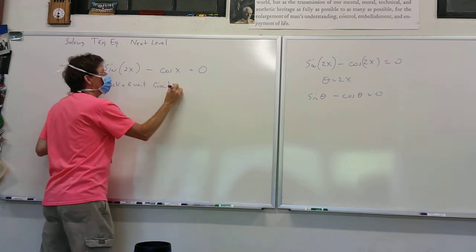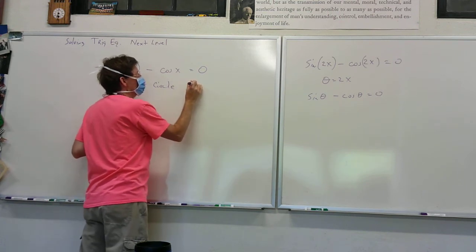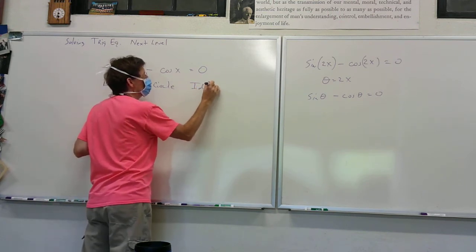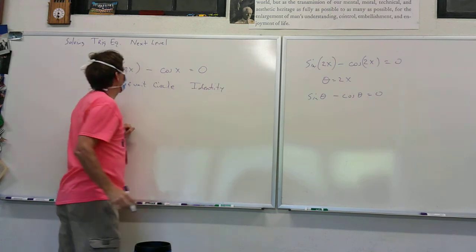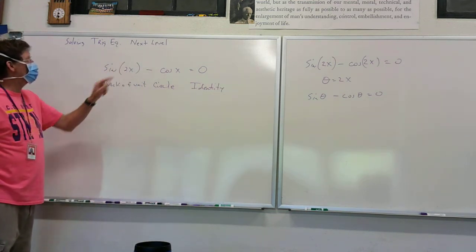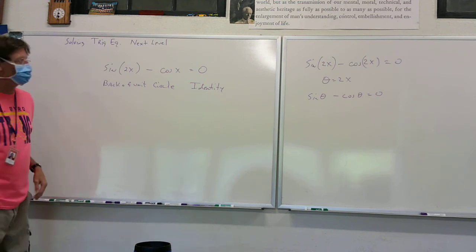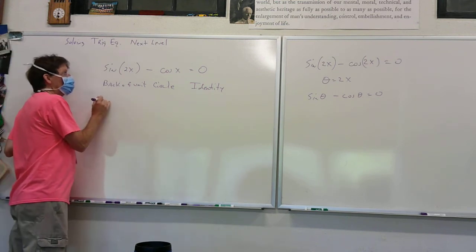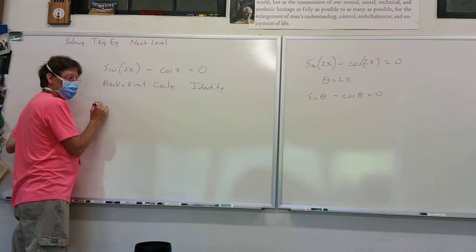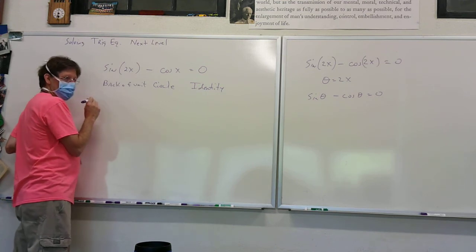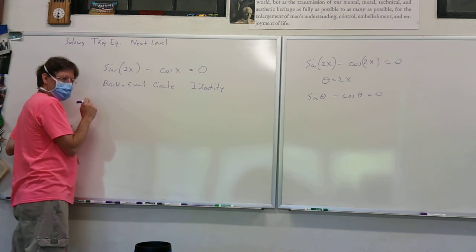And you look for the trig identity. And you will find out that there is a way to make sine 2x turn into something that has sine x and cosine x. What is it? Sine 2x equals 2 sine theta times cosine theta. Yeah, look on the back, it's on there.